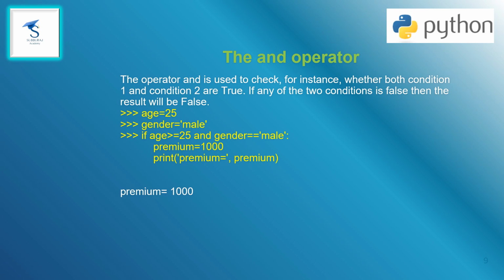Look here, the if statement ends with a colon, and the next statement should start with a tab. If the condition is true, then the statement will be executed. So both age should be greater than or equal to 25 and gender should be male to get a premium of 1000. Here age is 25, so age is greater than or equal to 25, and gender is equal to male. Both are true, so the premium will be 1000.